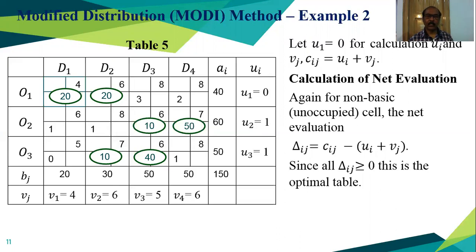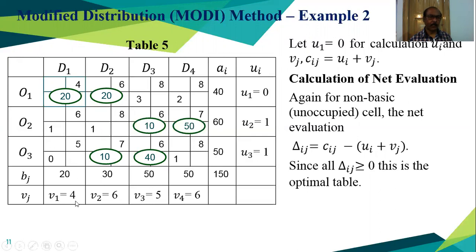Now we are calculating the net evaluation. Net evaluation for the 1-3 cell: 8 minus 5 is equal to 3. 8 minus 6 is 2. 6 minus 5, 4 plus 1 is 5, is 1. 8 minus 6 plus 1 is 7, is 1.